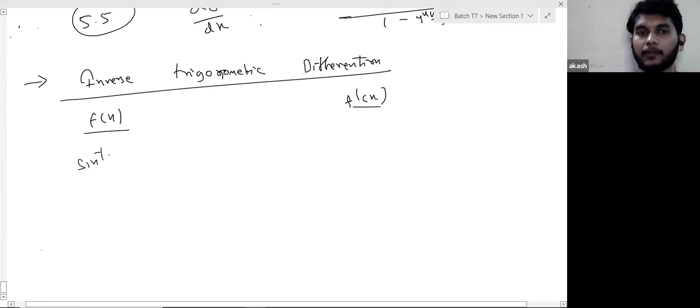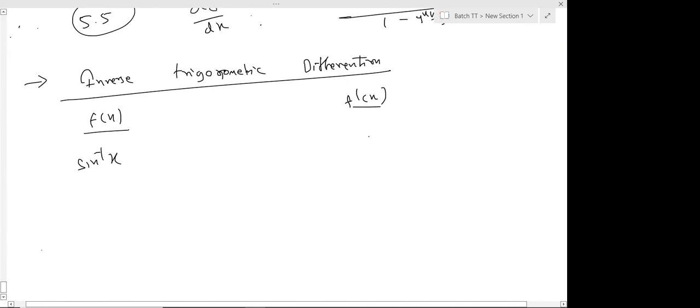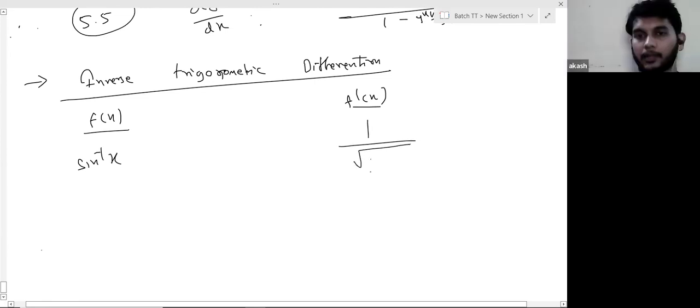First is sine inverse x. All right, Zed, can you tell me what is the formula for this? 1 by root 1 minus x square, absolutely right. So if we have to differentiate sine inverse x, directly use this formula. The differentiation of sine inverse x is 1 upon under root 1 minus x square.